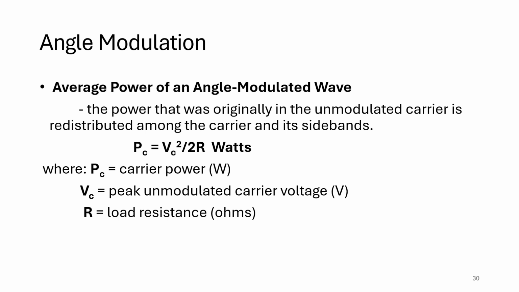So when we say average power, this is independent of the modulating signal, the modulation index, and the frequency deviation. It is equal to the average power of the unmodulated carrier regardless of the depth of modulation. Unlike AM, where it is a big deal what the value of your modulation index is to get the power of the sidebands.